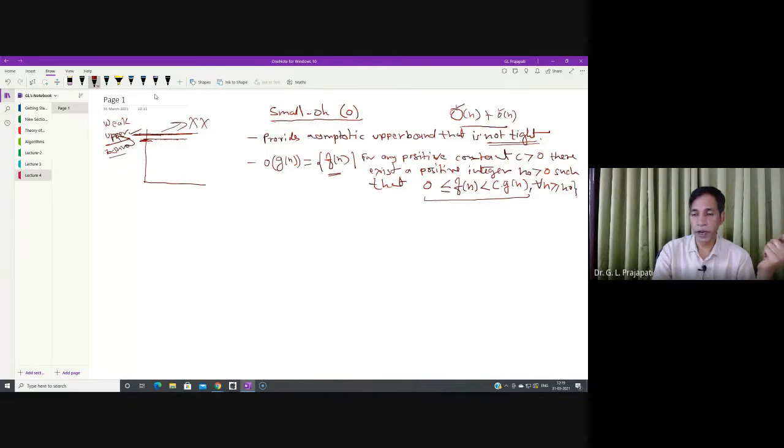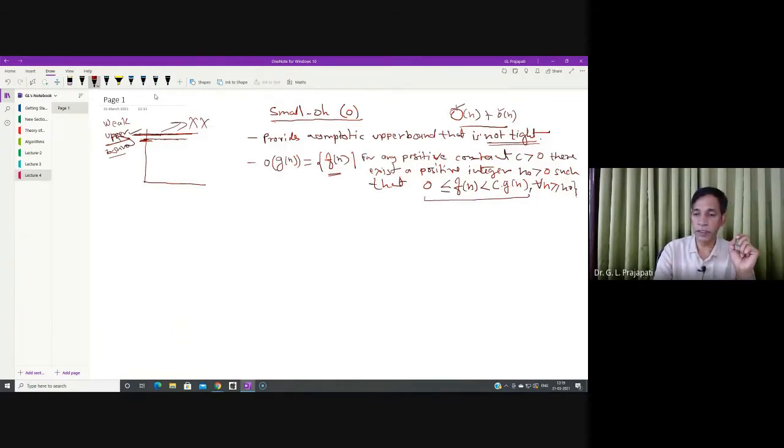This means the rate of growth of f of n is less than the rate of growth of c into g of n. So f of n should be less, not equal to, c into g of n. You can say that when n tends to infinity, f of n becomes insignificant relative to g of n. So this is one difference.